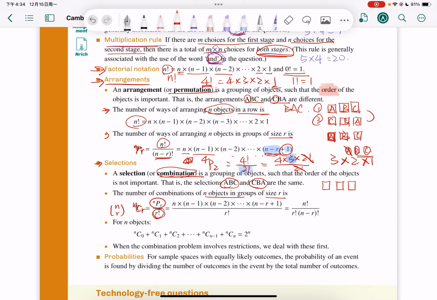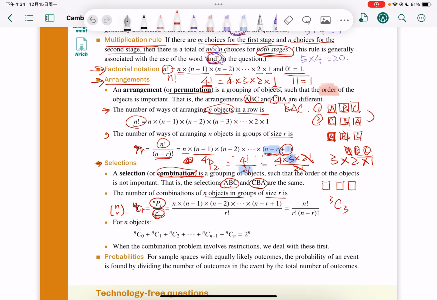Because we do not care about the order, and the order is related to R. Let's use C(3, 3).